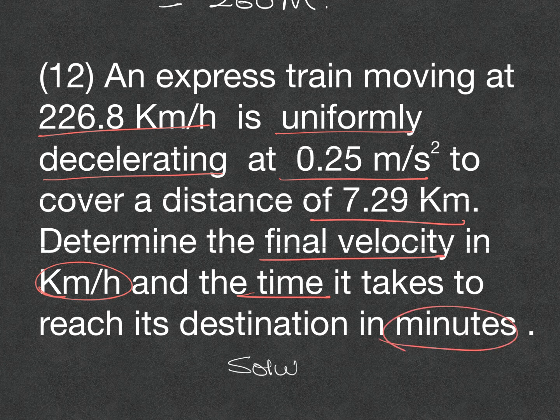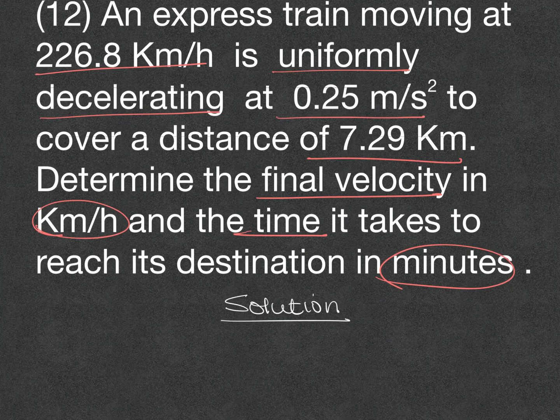Solution: the initial velocity of the train is 226.8 kilometers per hour. It is decelerating at 0.25 meters per second squared.